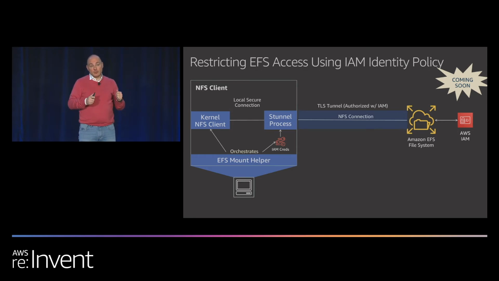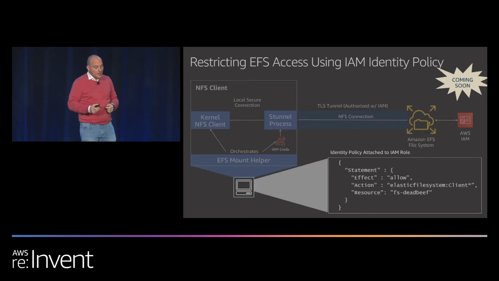This will establish the client IAM role with cryptographic security to EFS, and then will allow you to use policies to control what permissions the client can use. In this example, you could have an identity-based policy that would be attached to the role of the end client.